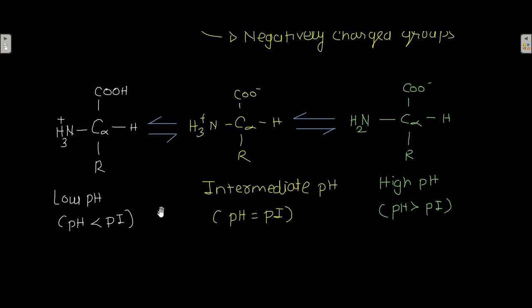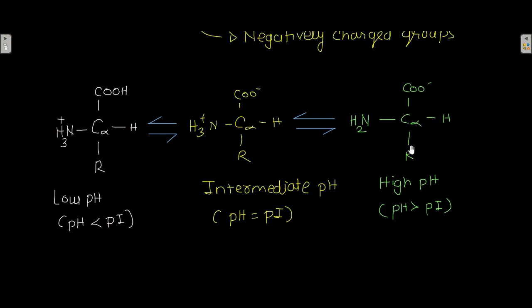So this is how it is represented. At low pH, the proton concentration is high, therefore this carboxyl group accepts a proton and the overall charge becomes positive. At intermediate pH, the overall charge is neutral, and at high pH, when there is a low concentration of hydrogen ions, then this NH3 plus will lose a proton and it will become NH2.